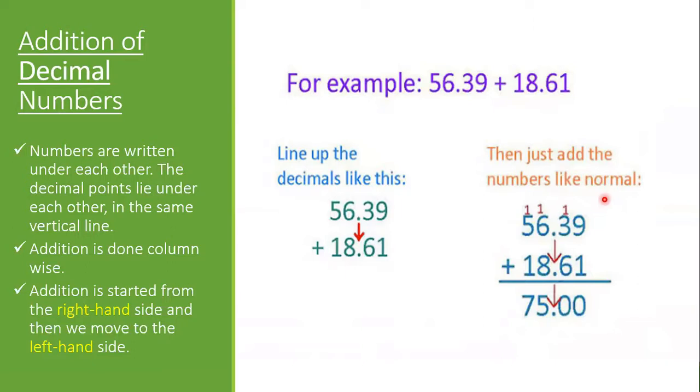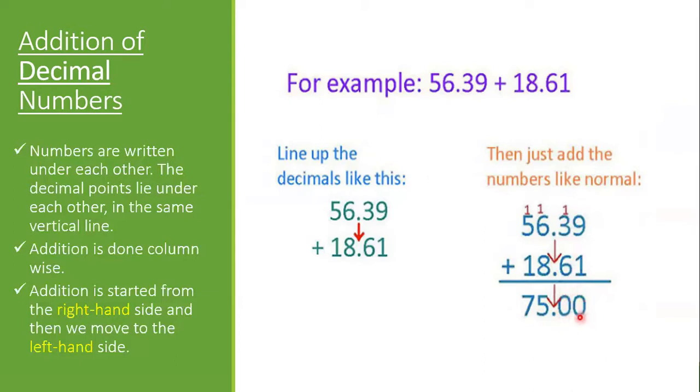Now, the sum of 9 and 1 gives 10. We write 0 at the bottom and 1 as a carryover on 3. The sum of 1, 3 and 6 gives 10.